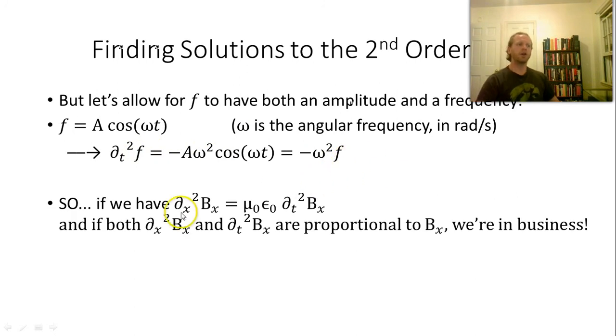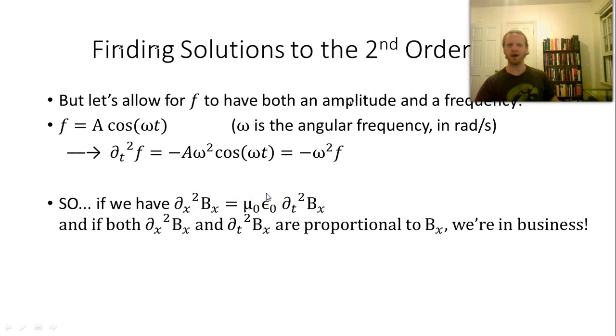So in this case, we have the second derivative in space being equal to the second derivative in time, if the x derivative of that function is proportional to that function itself, and separately, if the second time derivative of that function is also independently proportional to bx. In other words, if this function, when you plug it in, gives you back, for either the spatial or the time derivative, that same function multiplied by maybe two different constants, then we're good, because they'll both be proportional to each other.